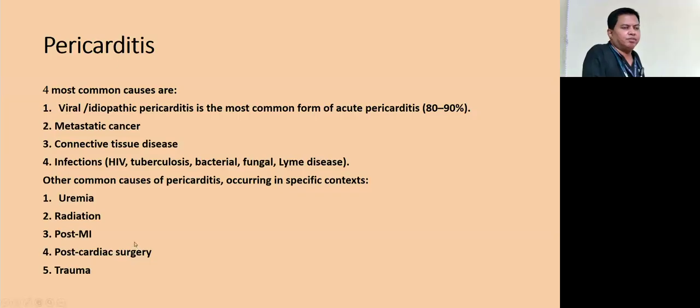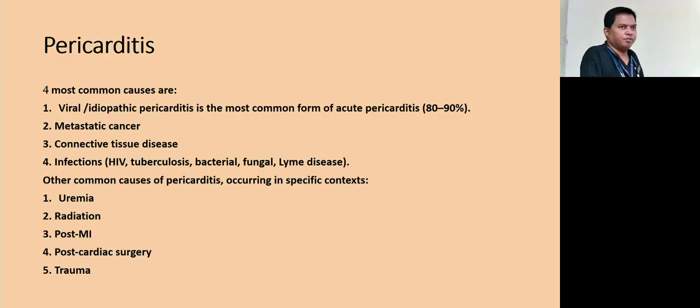Post MI pericarditis is classified into two things. One is early acute pericarditis, which happens within 1 to 3 days, and then after 1 to 2 weeks, that is called Dressler syndrome, which is an autoimmune condition.